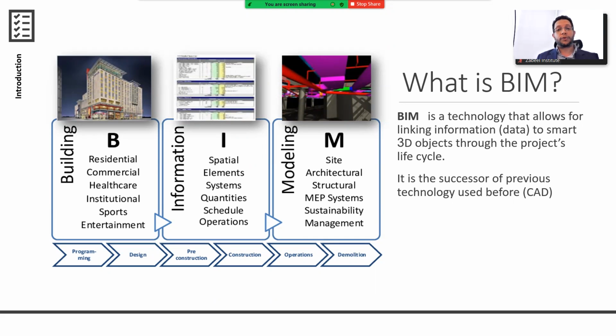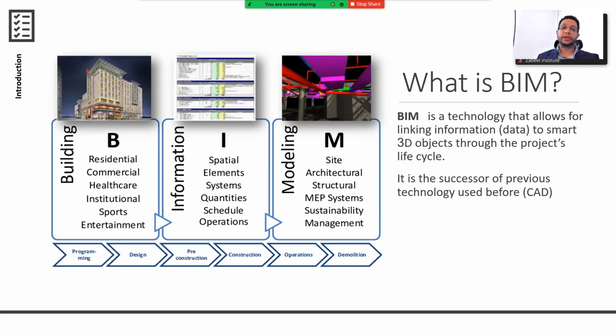For the modeling, of course, this is related to modeling of relevant site or architectural, structural components, MEP components, any component as part of the BIM model related in our project. The BIM process goes through all the phases of the project, and that is what we call the project life cycle.